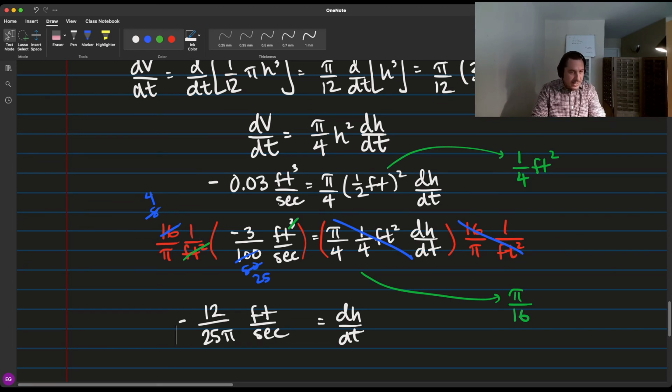If you turn that into a decimal, what is that going to be? 12 divided by 25 times pi. Turn that into a decimal.